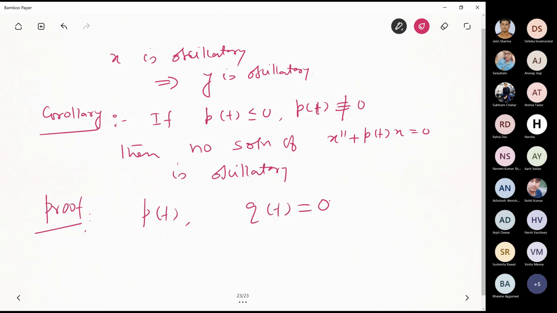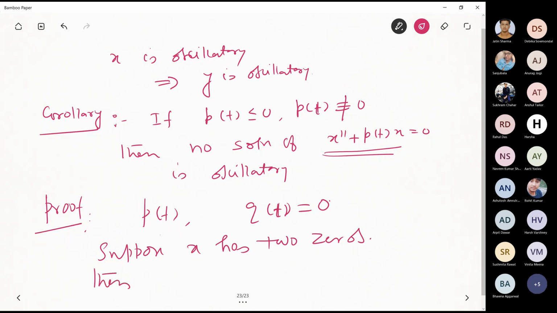If I take q to be 0, then suppose x has two zeros. Then y will have one zero between these two.